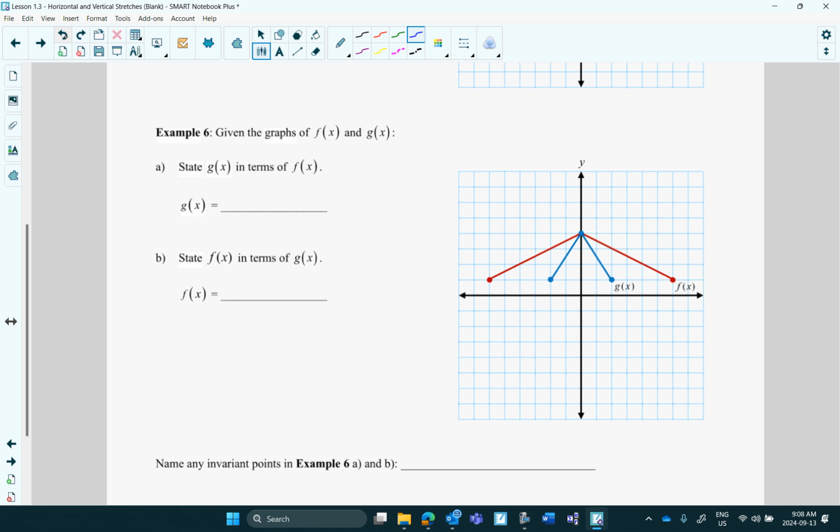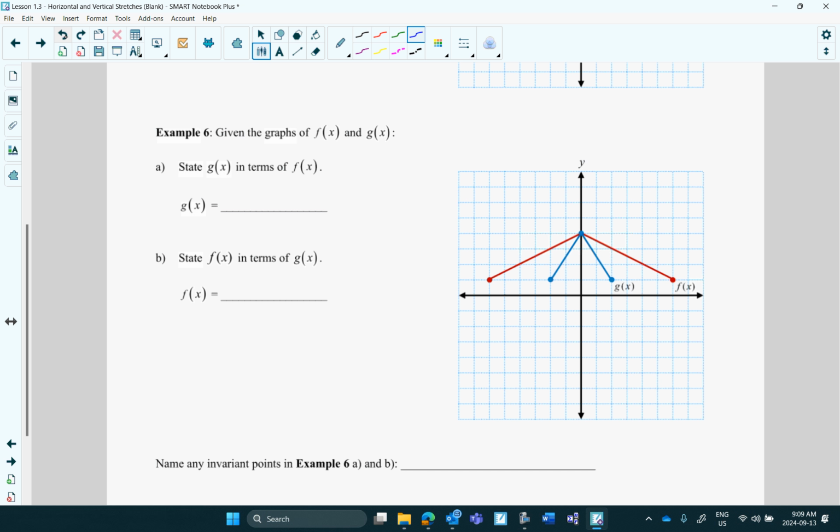So by how much? By what factor? Well, what's the x coordinate of this point? 6. What's the x coordinate of the new point? What do I multiply to get from 6 to 2? 1 over 3. When you go smaller, you always multiply by 1 over, 6 divided by 2.